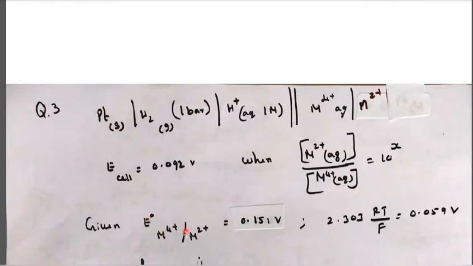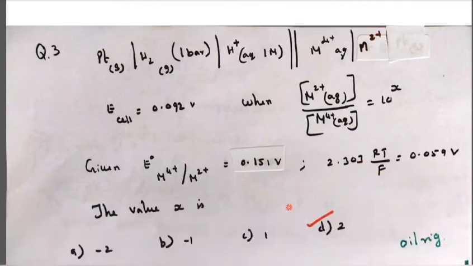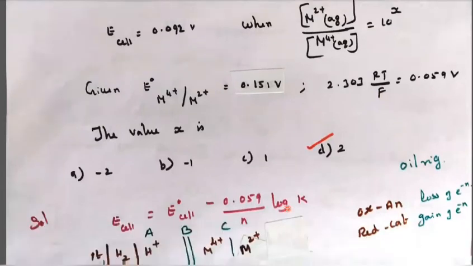Given E0 for M4 plus to M2 plus is 0.151 volt and 2.303 RT by F is 0.059 volt. The value of x is asked.